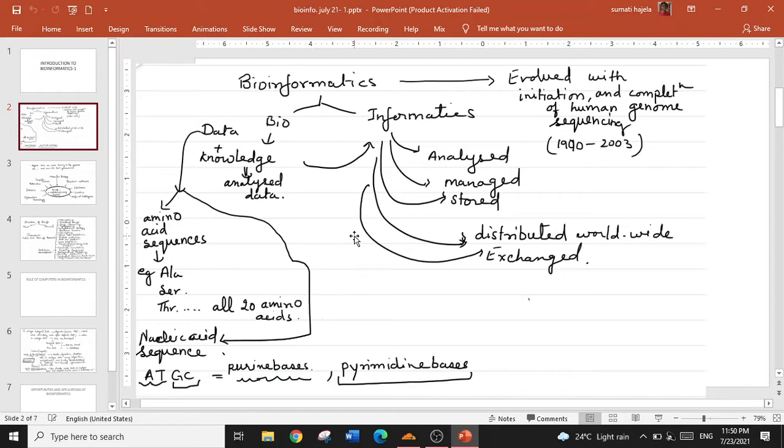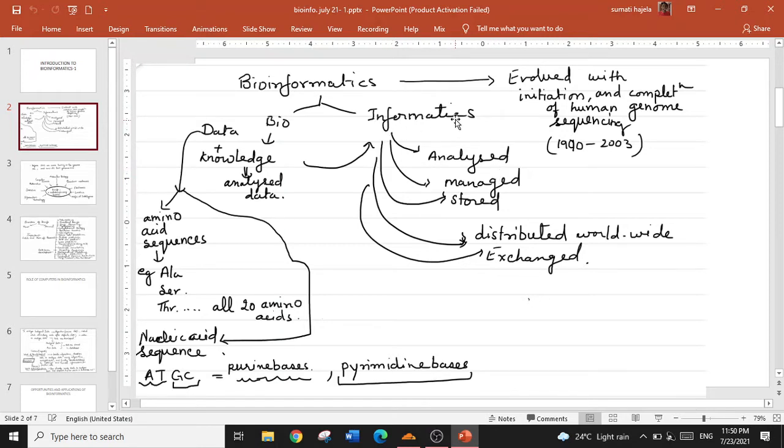That is possible, but since this data grows exponentially daily, there was a need to store, manage, and analyze it more easily, and that is how the role of computer science came into practice.